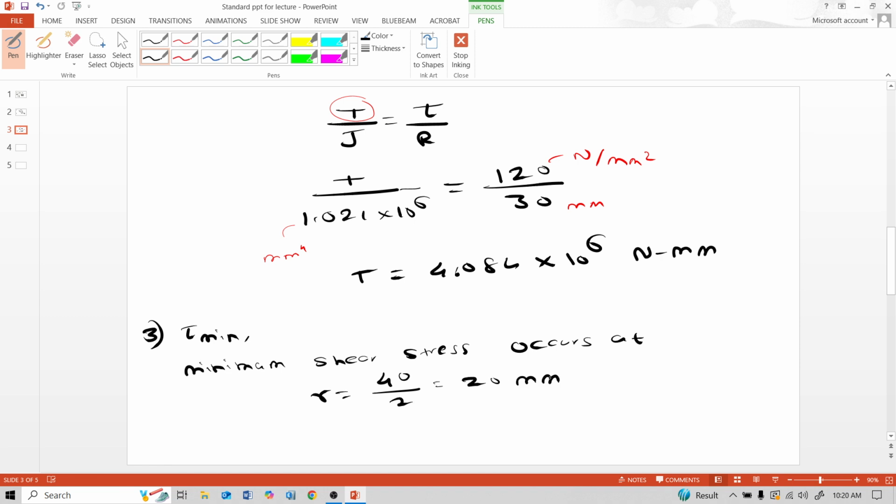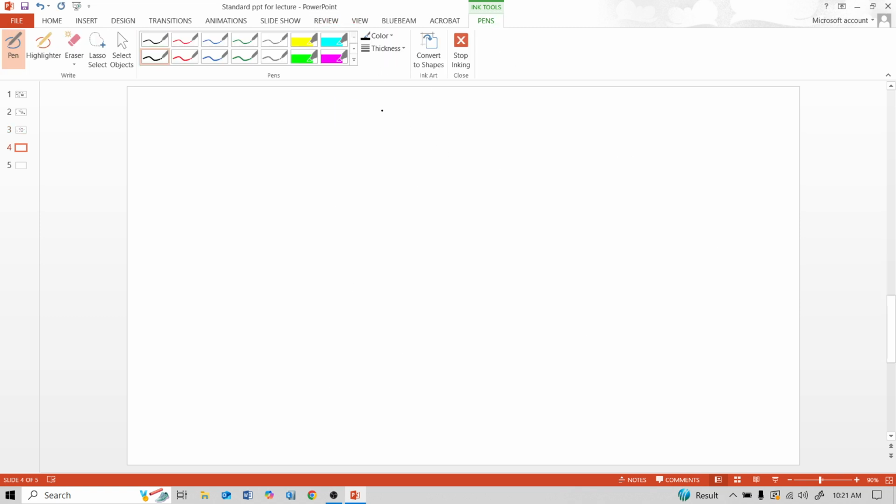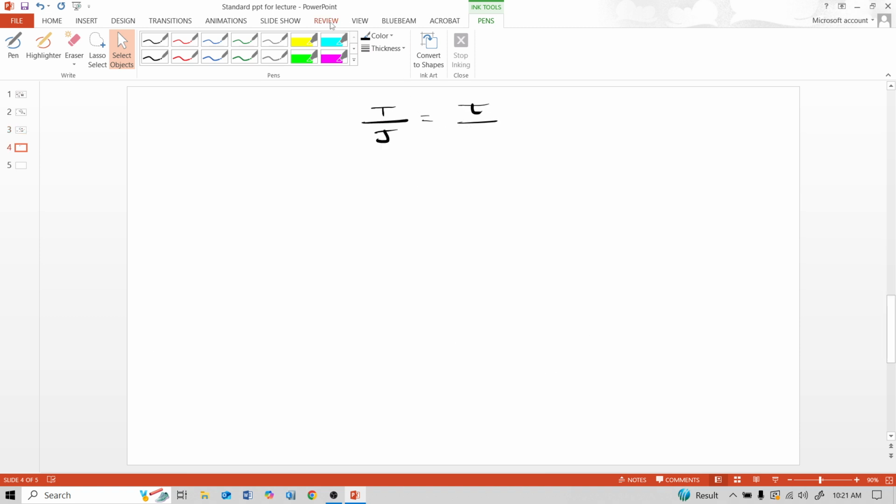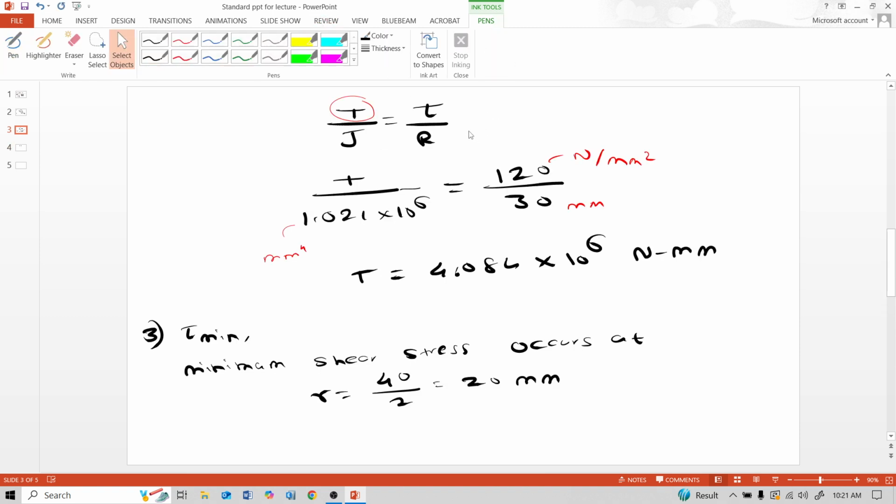The same formula we will use for calculation of tau minimum: T by J is equal to tau by R, and here R is small r because this minimum shear stress occurs at small radius.